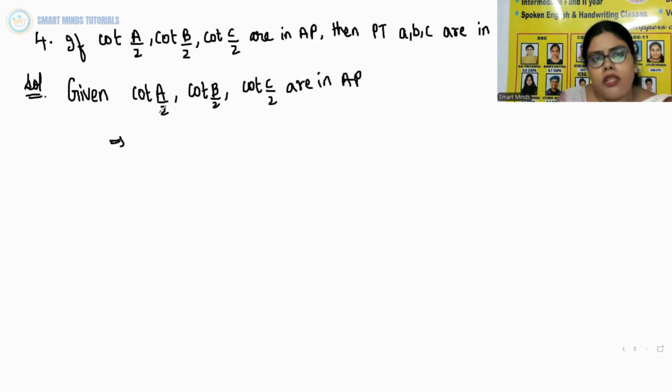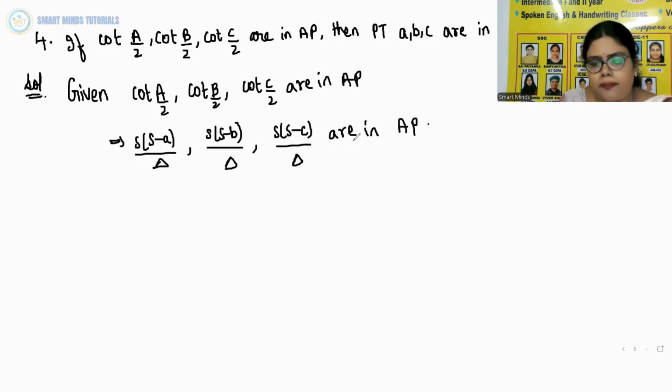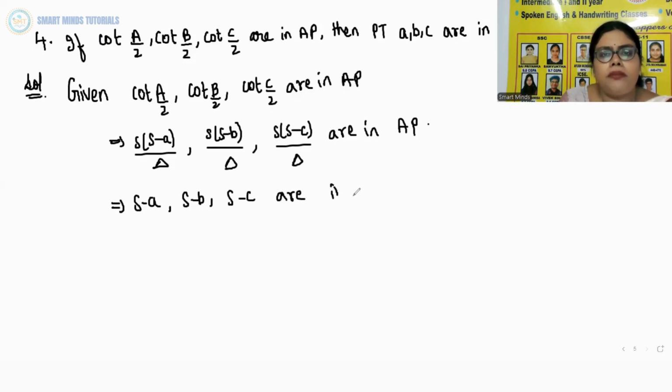So what is the cot A by 2 formula? S into S minus a by delta. Cot B by 2 is S into S minus b by delta. Cot C by 2 is S into S minus c by delta, and these are in AP. If we cancel delta, delta, delta and S, S, S, we will get S minus a, S minus b, S minus c are in AP.